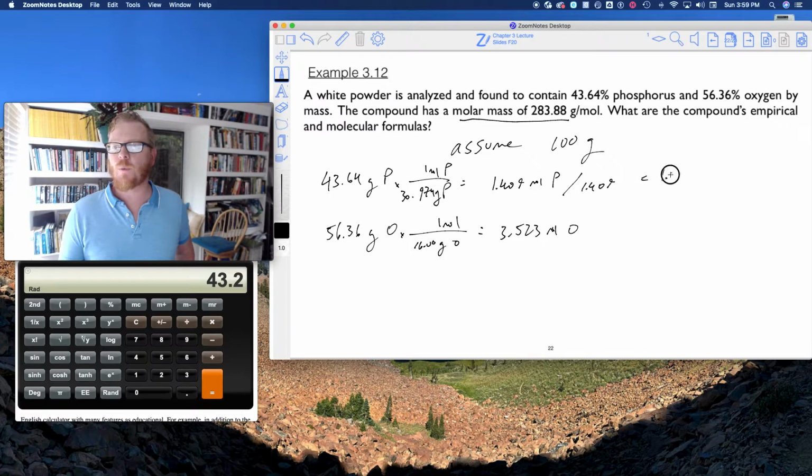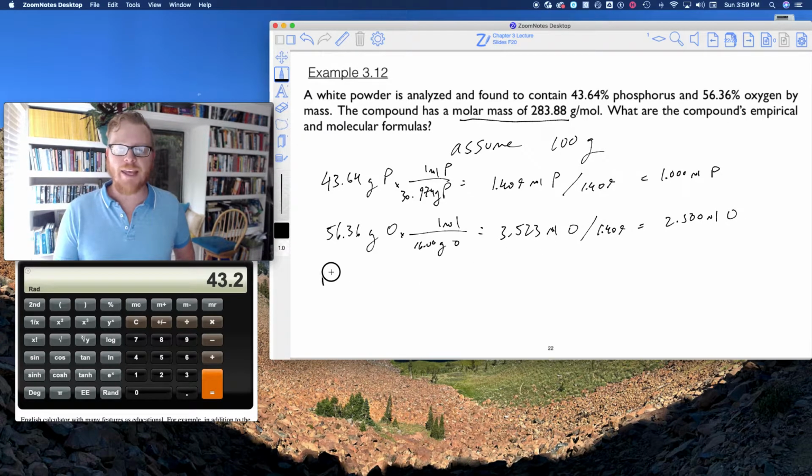And that gives me 1.00 moles of phosphorus. And when I divide this by 1.409, I get 2.500 moles of oxygen. So I can't have P1O2.5, but I can have P2O5, right? That's the same ratio.